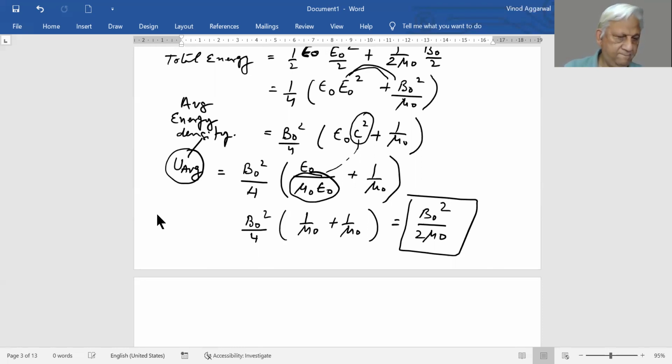Similarly, if you want to write it in terms of electrical field, you can do that also. And if you write it in terms of electrical field, the value will be epsilon... both are the same.